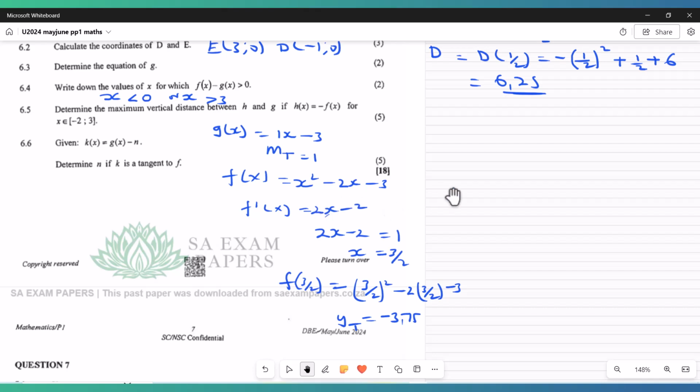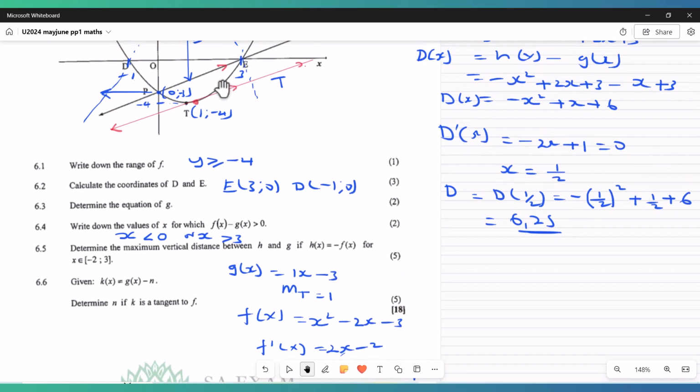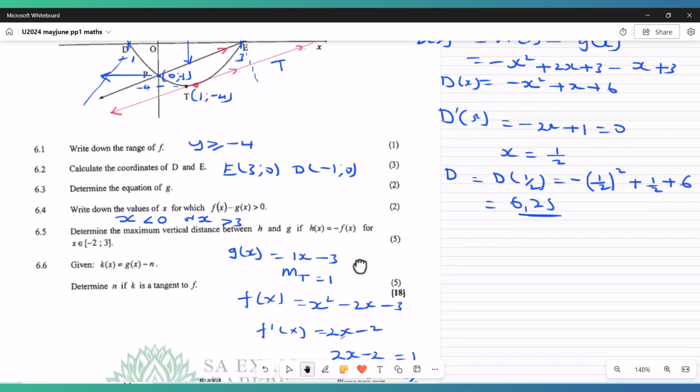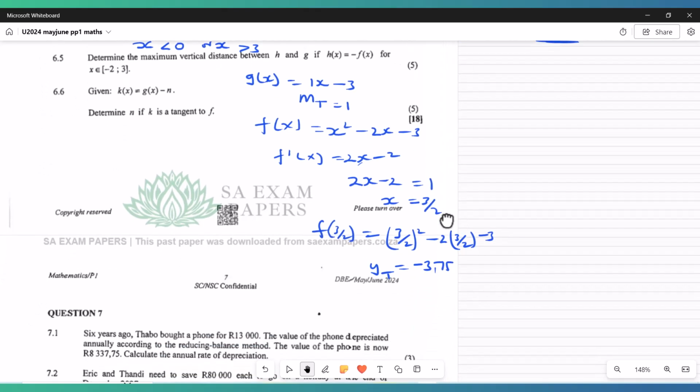Now what about the y for g of x, which was translated downwards? I know my g of x is x minus 3, but my x at this point must be the same as this one here, which is the 3 over 2. So for g of x, I'm going to put in 3 over 2 as well.